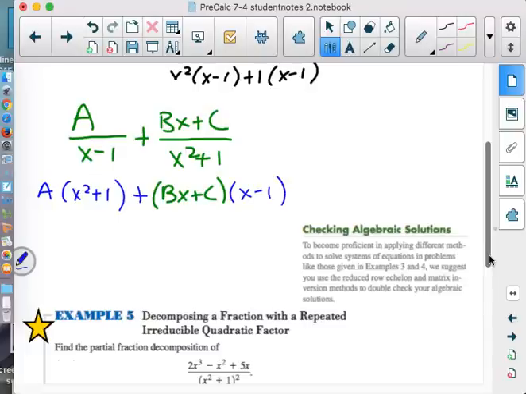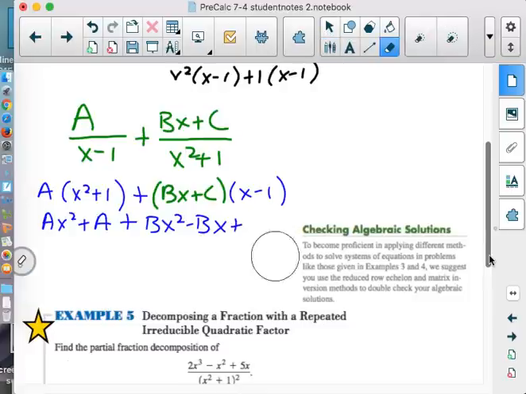In the past, once we had everything written out, it was mostly just distributing. But this one is going to be a little FOIL. So Ax squared plus A, distributing our first one there, plus, now we do our FOIL, Bx squared minus Bx plus Cx minus C. That almost looks like a parenthesis.